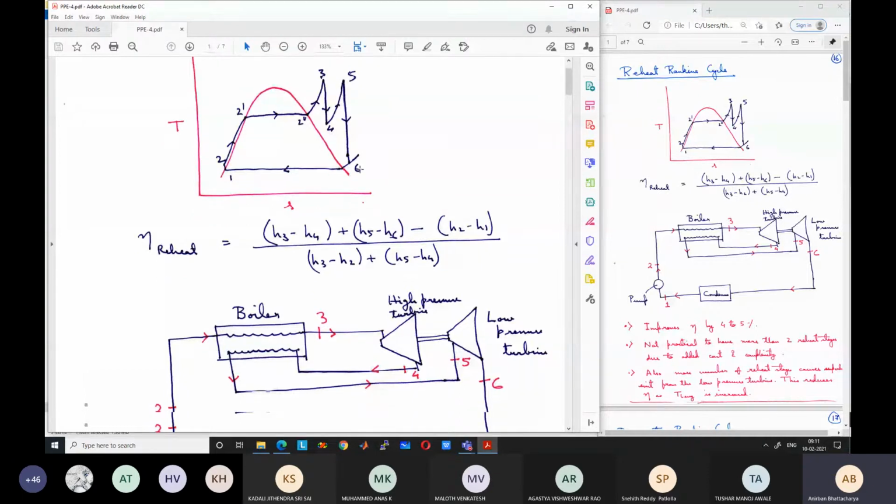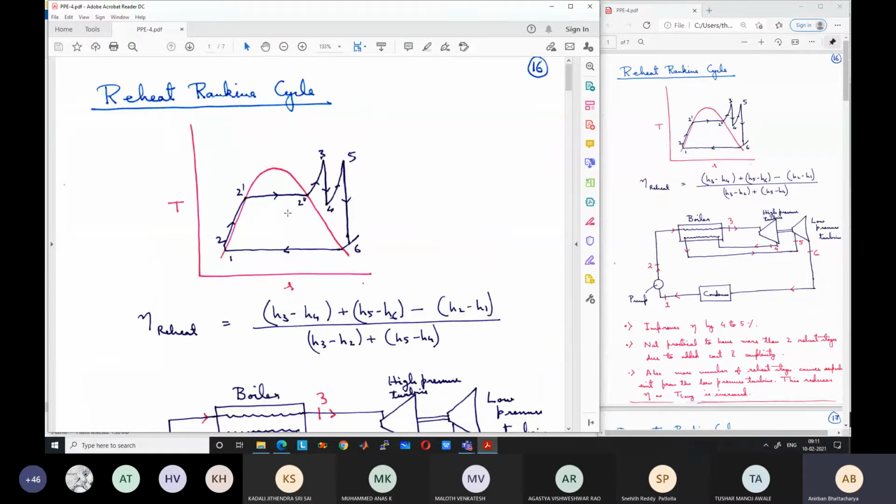Area inside the cycle has increased means what? In terms of heat transfer or work output, can somebody say what it means if the area inside the cycle increases? Sir, total heat transfer is increased.